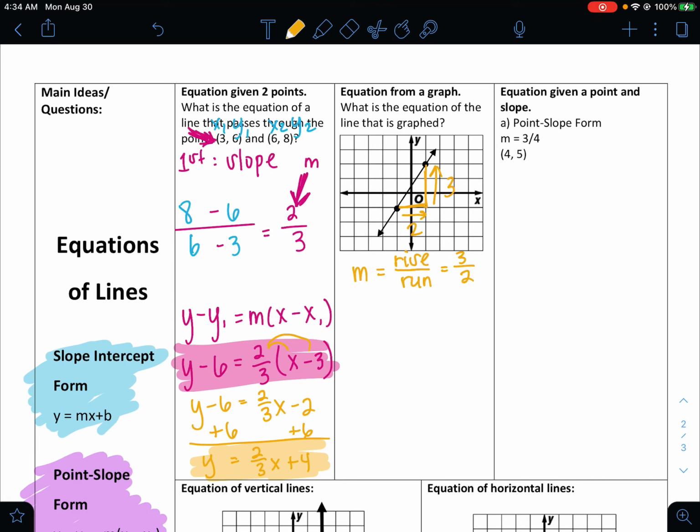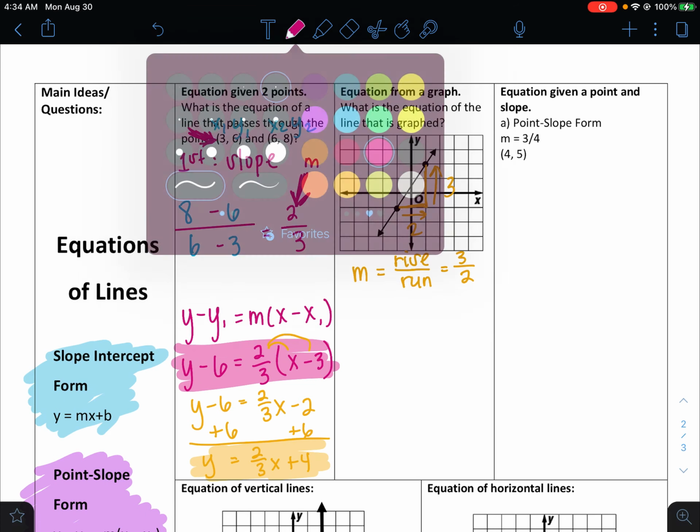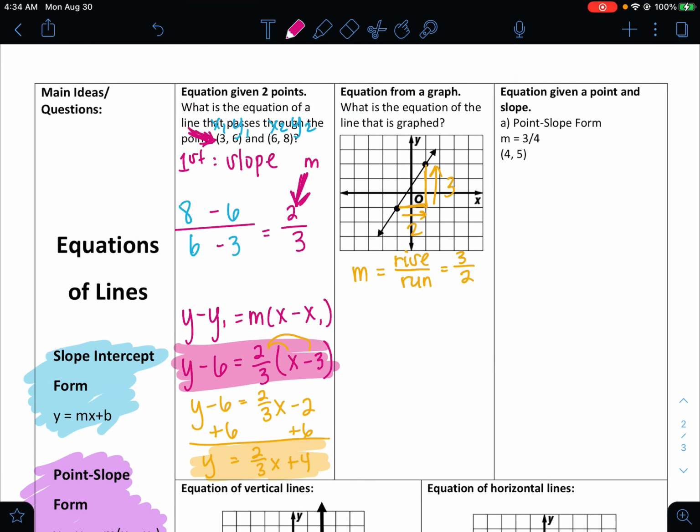And then we need to find out the equation. So we can do point-slope form again, or you can use slope-intercept. I would not use slope-intercept because as you can see here, the y-intercept is kind of in between lines. It's kind of hard to tell. If you want to guess, you can guess, but if you want to just be safe and use point-slope form, that's fine also.